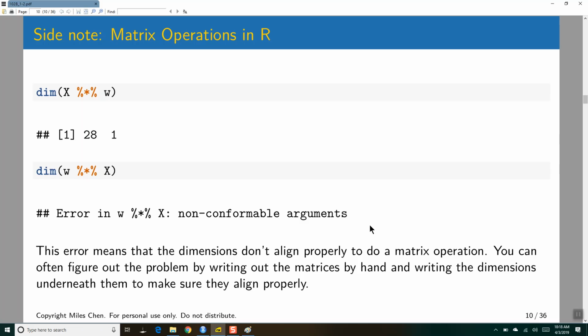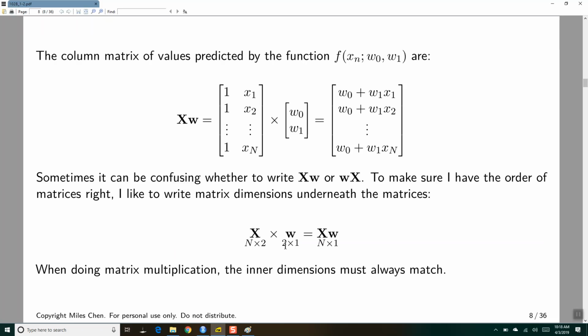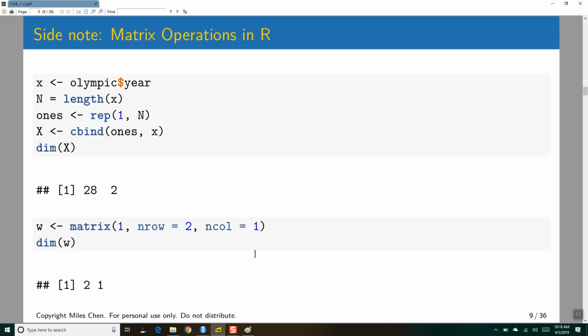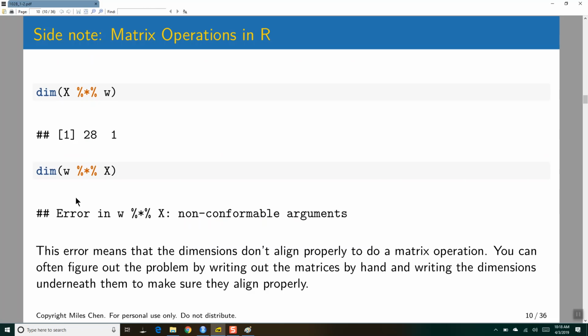This is probably going to be one of the most common errors you see this quarter, because we're going to be doing a lot of matrix multiplication, and if you put the order of the matrices together in the wrong way, you're probably going to run into this. And whenever you see non-conformable arguments, it means that you're trying to do something like 2 by 1 times n by 2, where the number of columns doesn't match the number of rows for this operation.